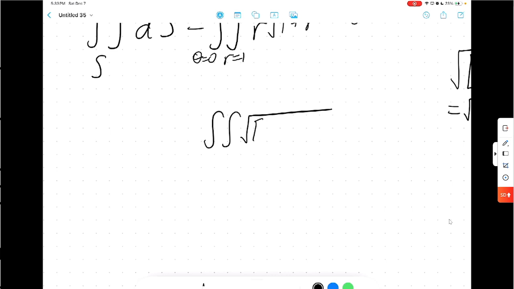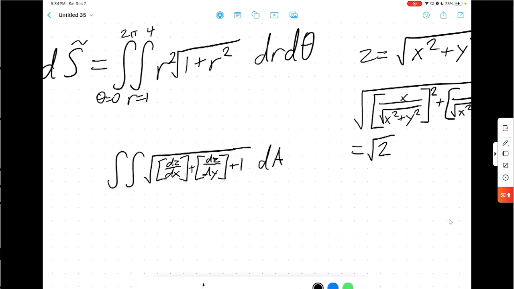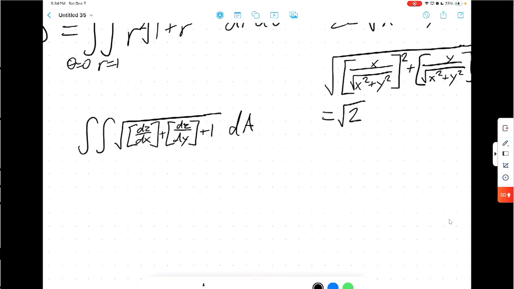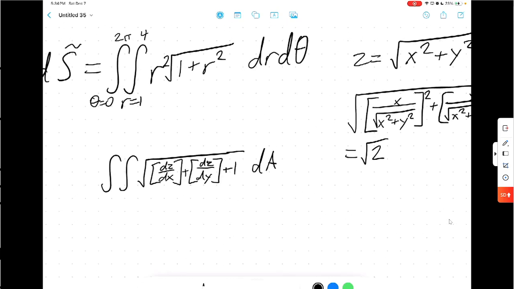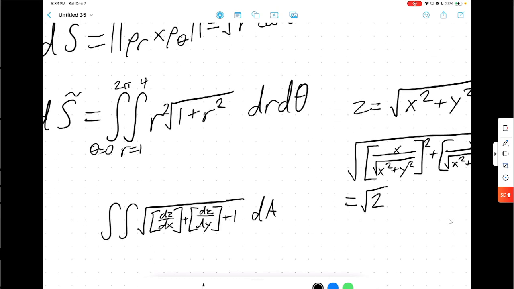I know there's also another one that's like dz dx plus dz dy, plus 1 dA. There's also this formula for it. I'm trying to see if these are the same thing.